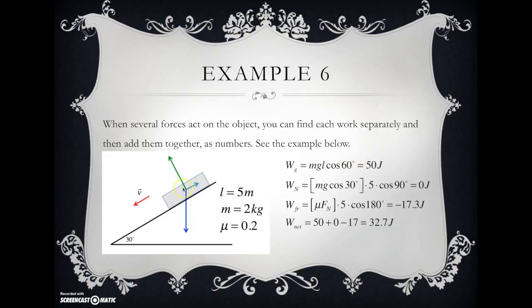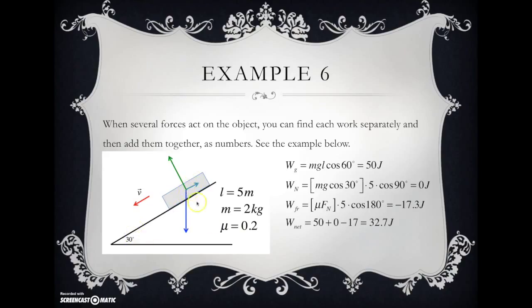Now, to find the work of normal force, we would have to find normal force. Just to reiterate how to find it, you remember that normal force is counteracting the y component of gravity. The y component of gravity is found as mg cosine of 30, because if you draw a line here, you will see that this y component of gravity is making the same angle as the incline.